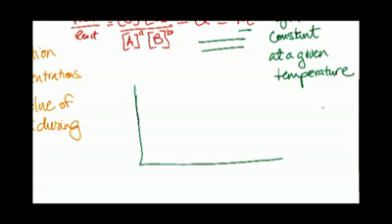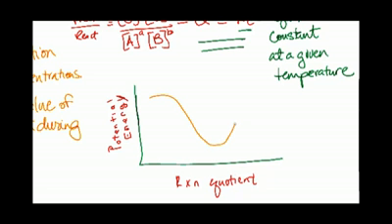So if we were to look at a potential energy diagram, and this is the reaction proceeding, as Q reaches equilibrium, there's a minimum in the potential energy, a desired minimum.